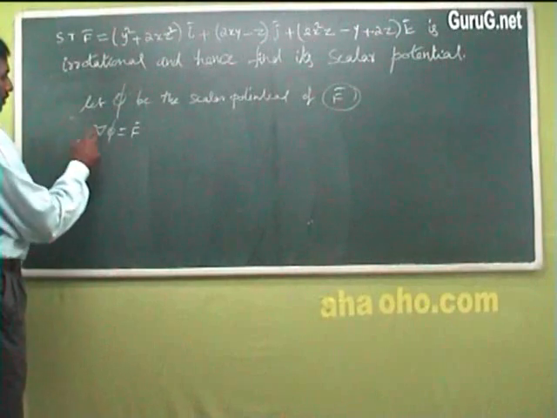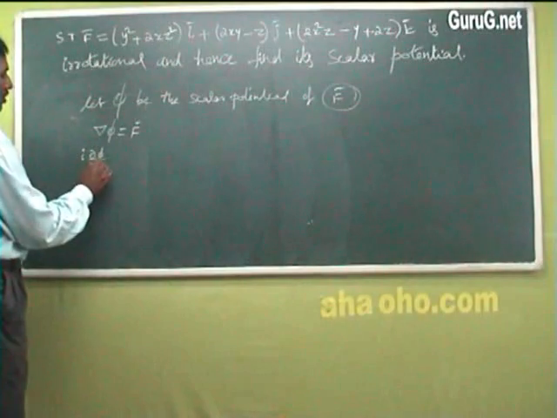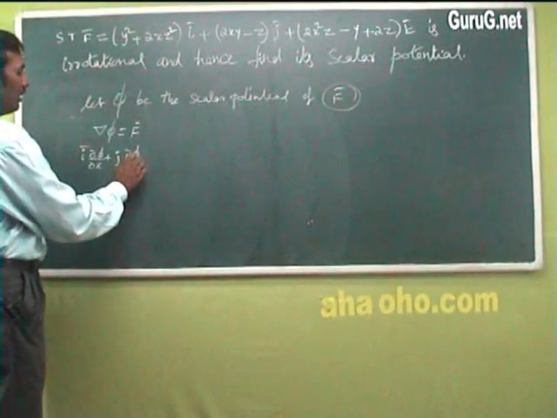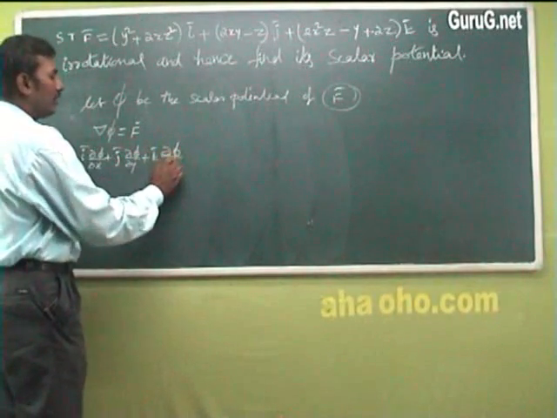What will be the definition of del phi? i into dou phi by dou x plus j into dou phi by dou y plus k into dou phi by dou z.